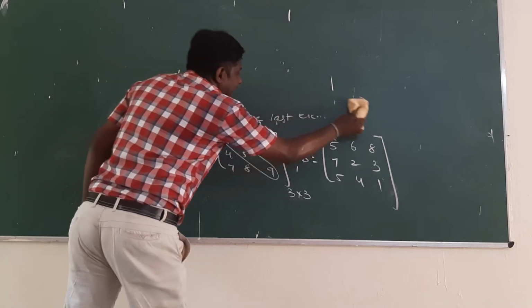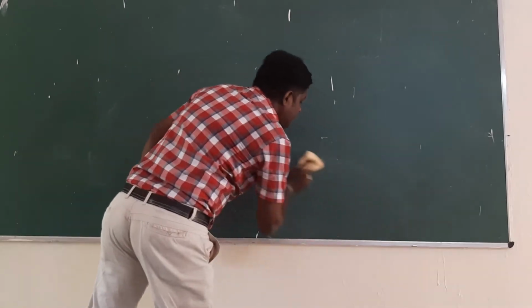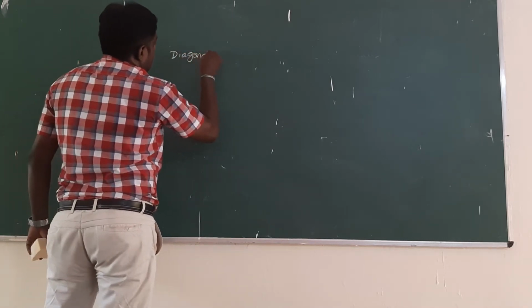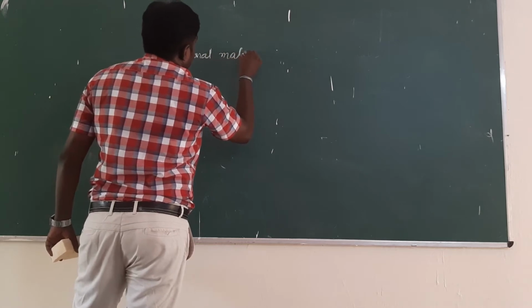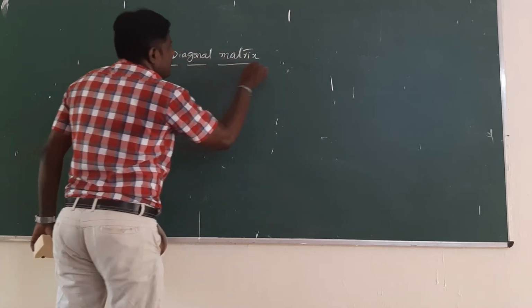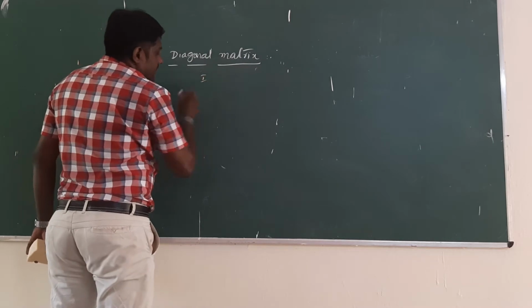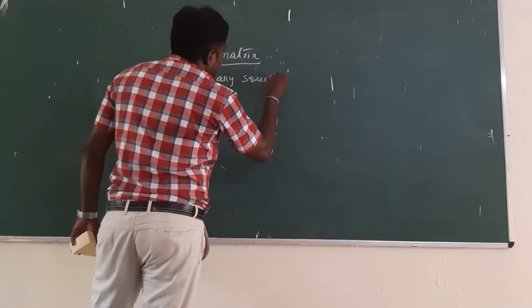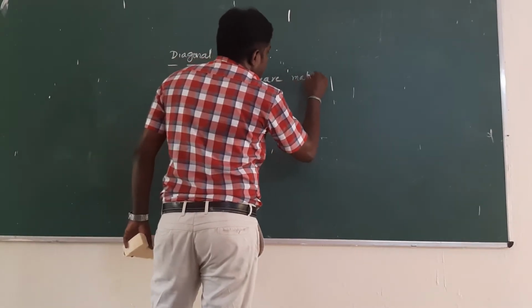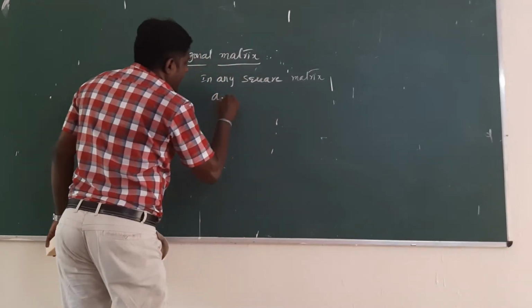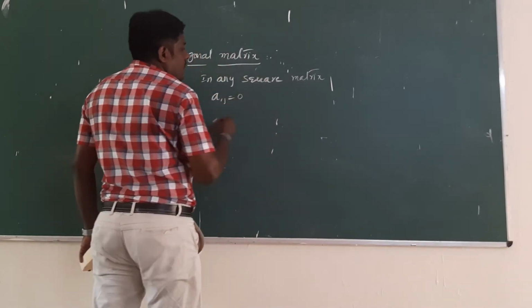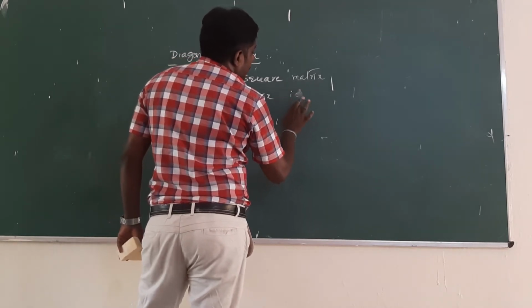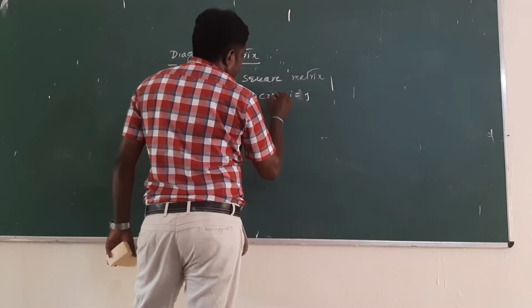Next, come to the diagonal matrix. The diagonal matrix is nothing but, in any square matrix, the elements a_ij are equal to 0 except when i is equal to j.